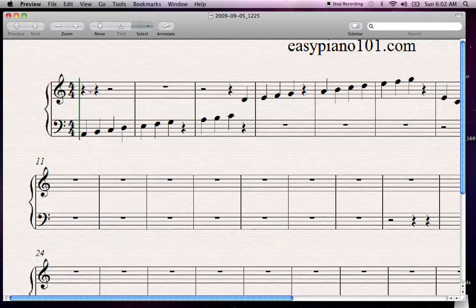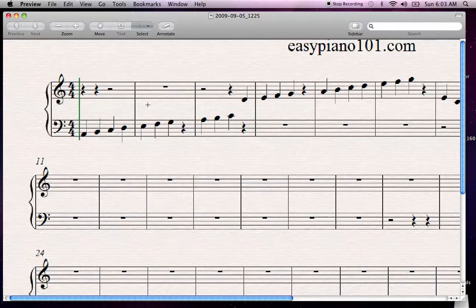Now, in each measure, there are so many notes and so many rests. This tells you how many beats are in the measure. The upper number 4 tells you there are 4 beats in every measure. 4 beats in every measure. 1, 2, 3, 4.